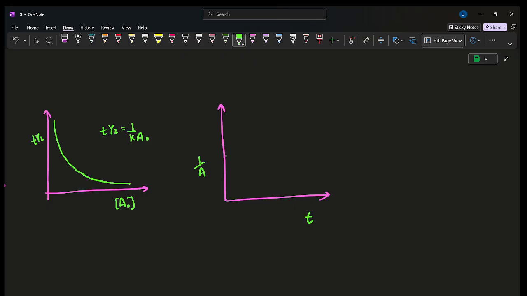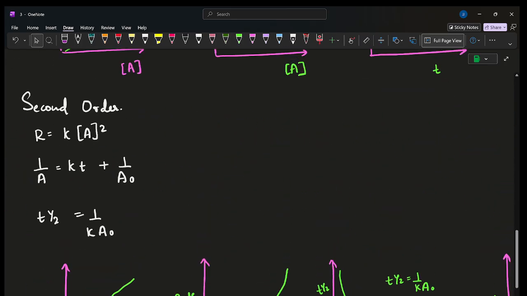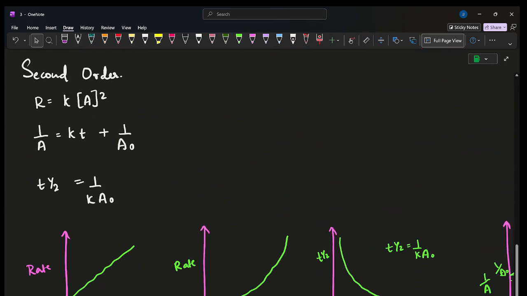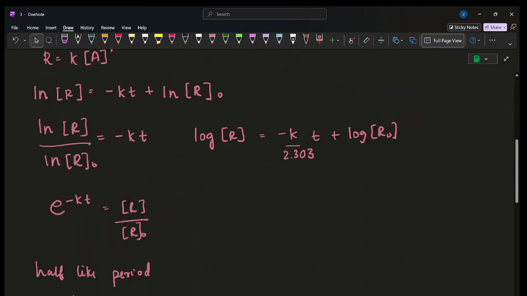So how does that work? It's going to be something like this, and this is going to be 1 by A naught, and the slope is simply K. And where does it come from? From the formula 1 by A is equal to Kt plus 1 by A naught. Right, so I think we're done with the graph part.